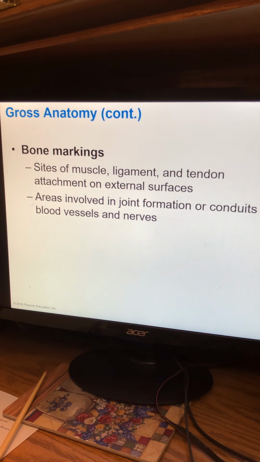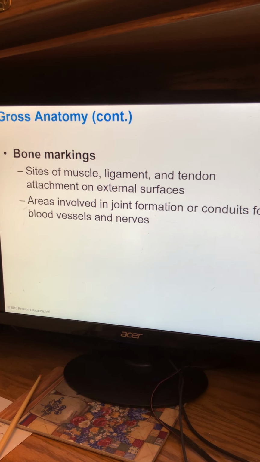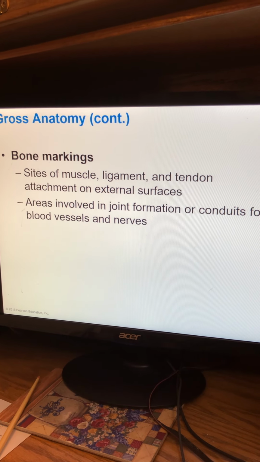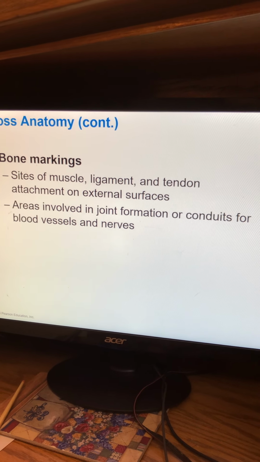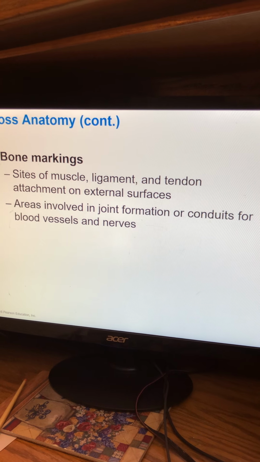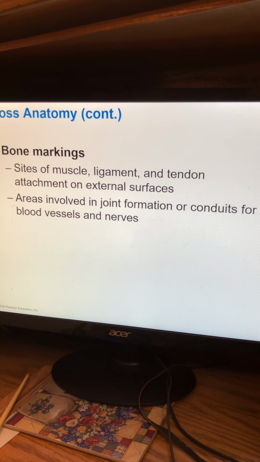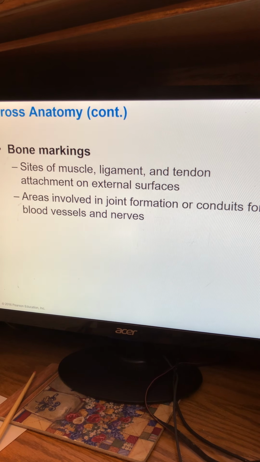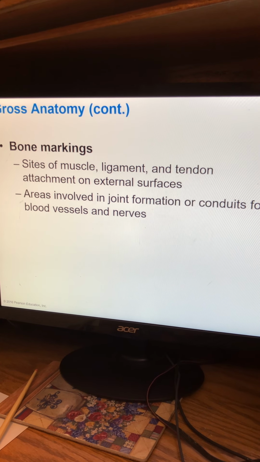So bone markings are sites of muscle attachments or ligament attachments and tendinous attachments on the external surface of a bone. I like to think of them as bumps on a bone. Also, some of the bone markings are going to have an indentation, which would be a way to have a blood vessel or a nerve go through that particular bone to get someplace else.